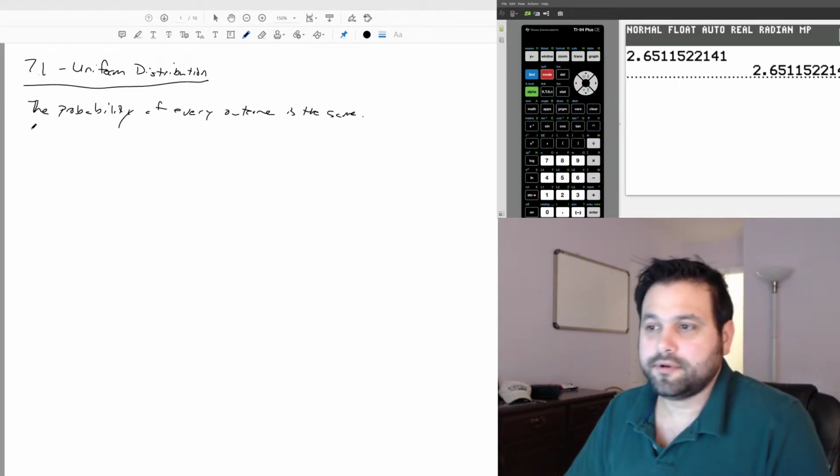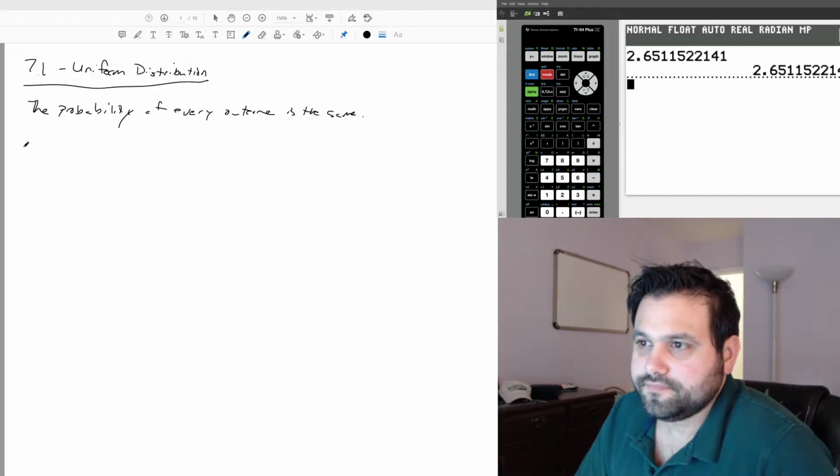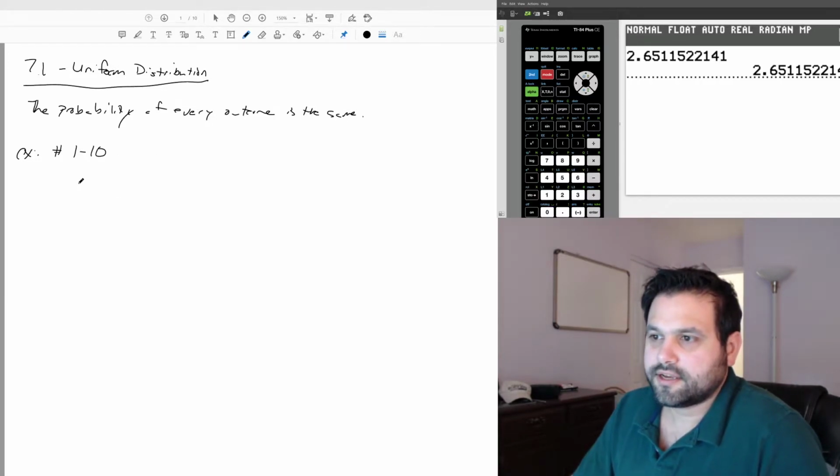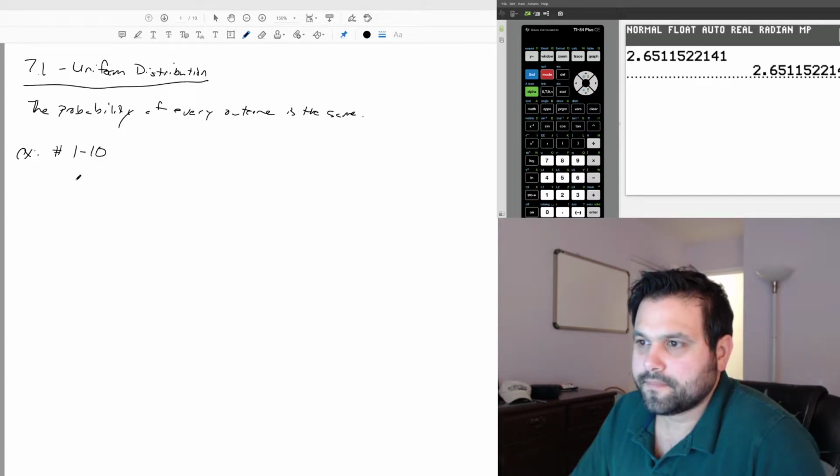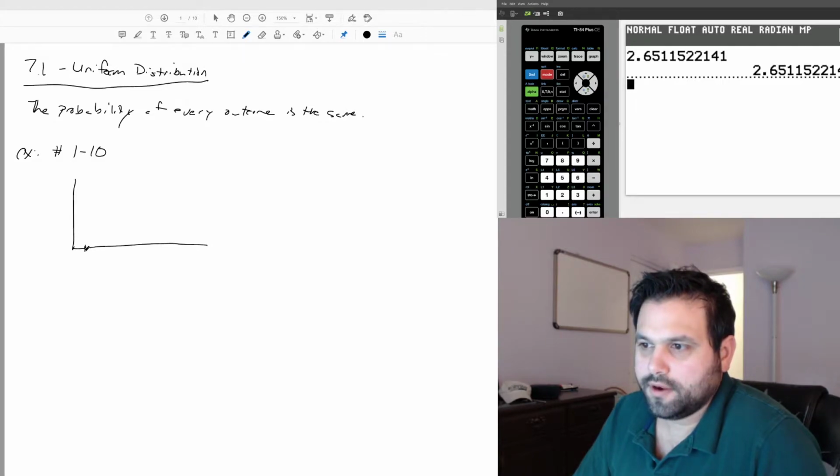So for example, for a number 1 through 10, I could show that graphically by saying, here's 1, and here's 10.